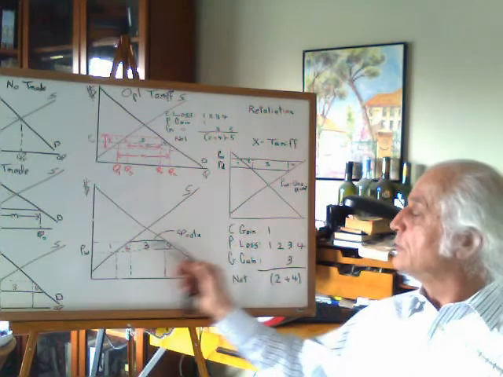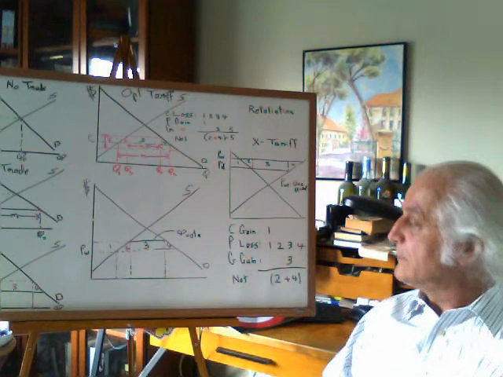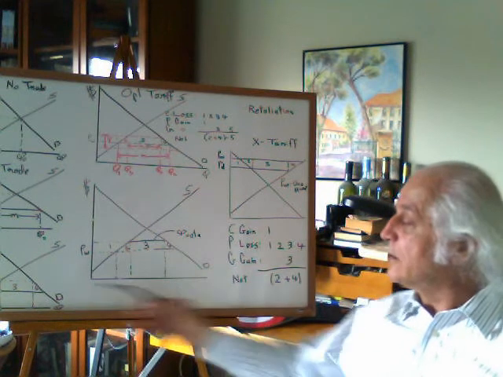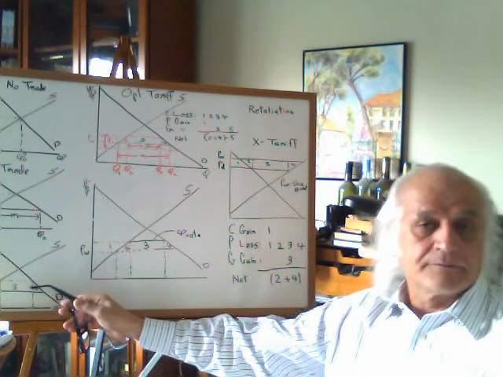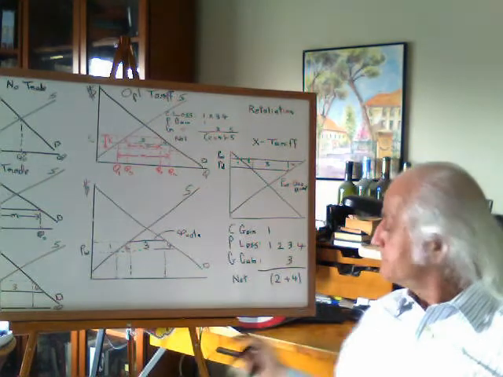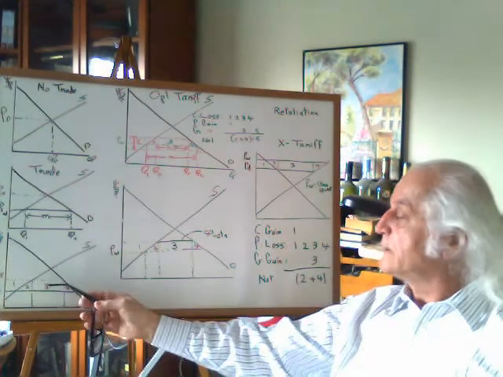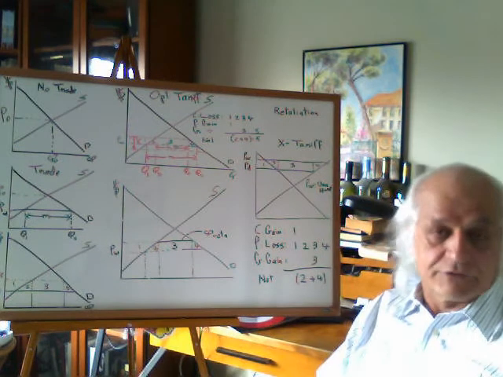So you import only 100 instead of the 200, and everything else becomes the same. Actually, the quota could be calculated in such a way as to form exactly the same net result as a tariff. Notice in this particular case, the quota over here could be exactly this. There can be absolutely no difference between them.